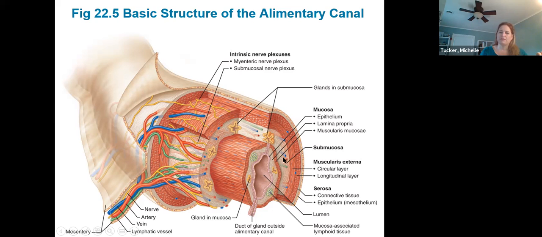Then we'll move on to the submucosa, which, as you can see from this diagram, is a place where we get arterioles and venules and lymphatic vessels and some nerve fibers as well. And then these are glands. These glands are going to secrete their contents into the lumen.